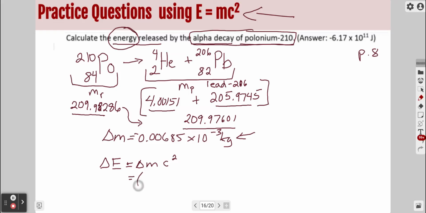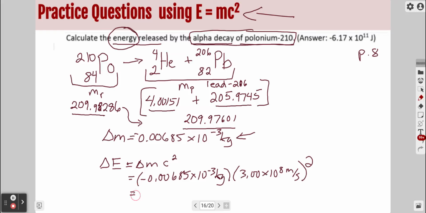So our change of mass is negative 0.00685 times 10 to the negative 3 kilograms. Our speed of light is still 3.0 times 10 to the 8 meters per second. Square this and then multiply by this number and see if you get the right answer. All right, and our answer is negative 6.85 times 10 to the negative 6 joules.